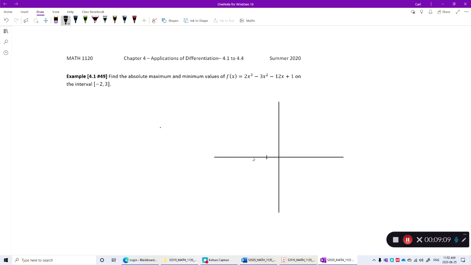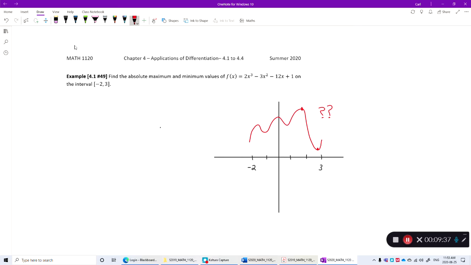So what we're looking for is somewhere on this interval from -2 to 3, the graph looks like who knows what it is, right? And we're going to try to find the absolute max and the absolute min, whatever they are. But we don't know what the graph looks like yet, right?